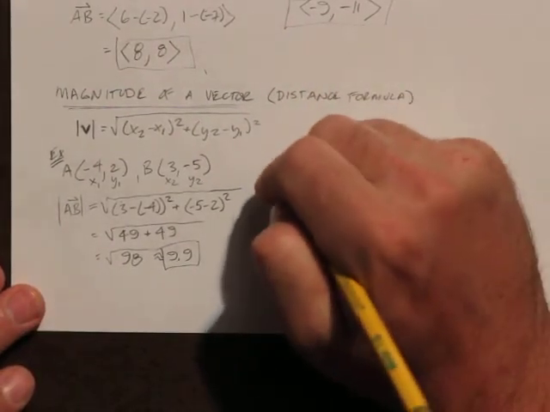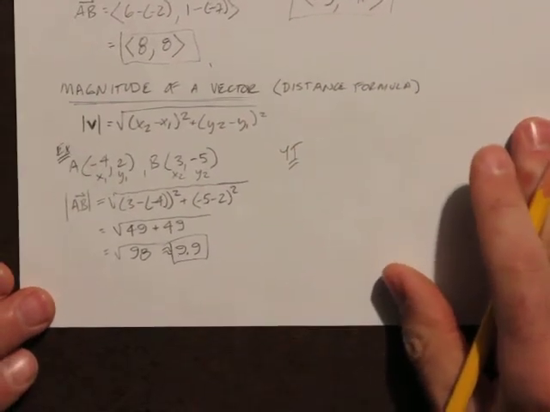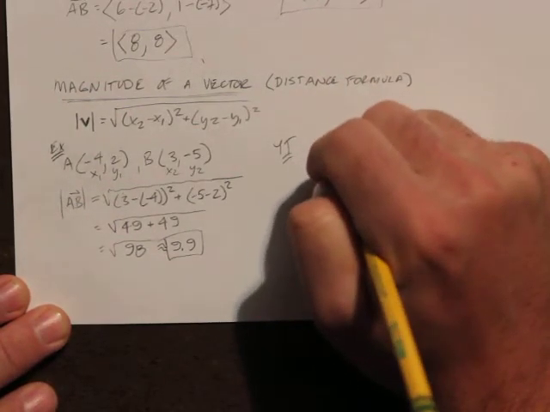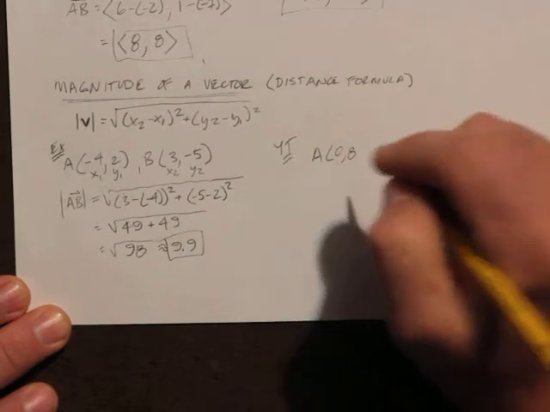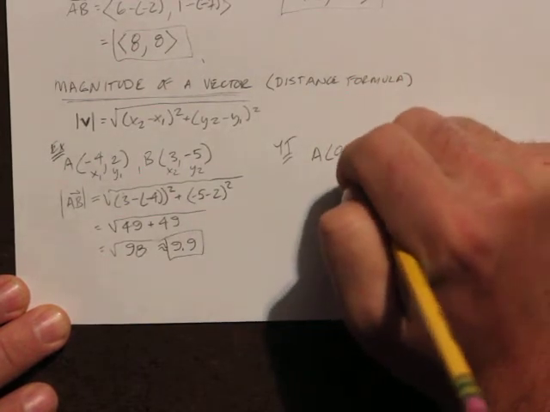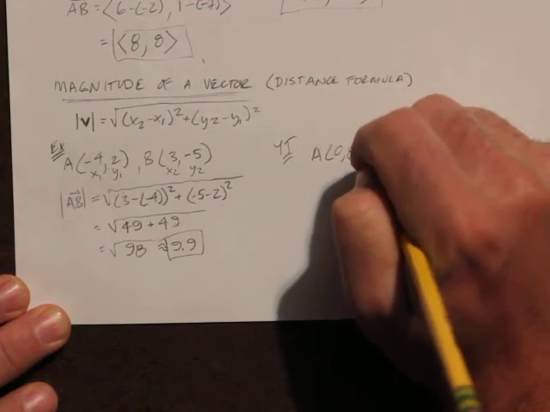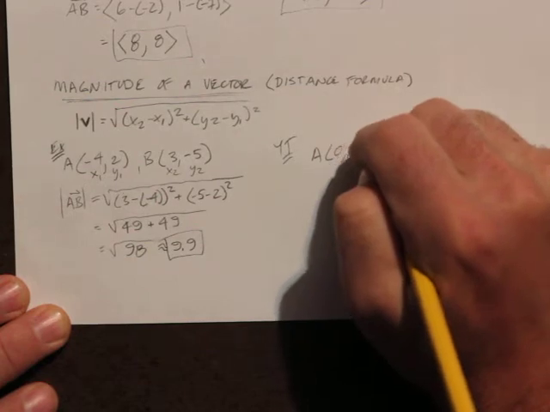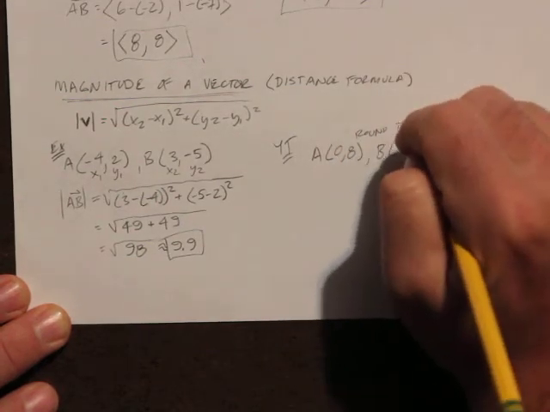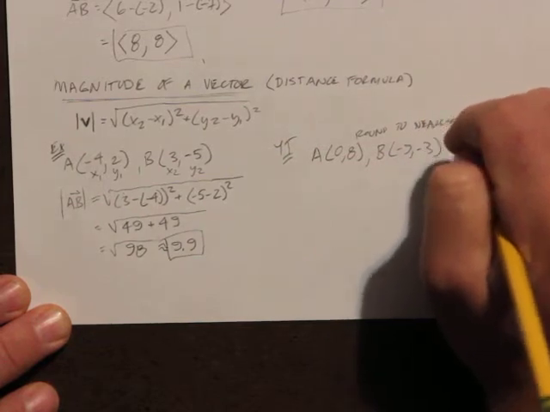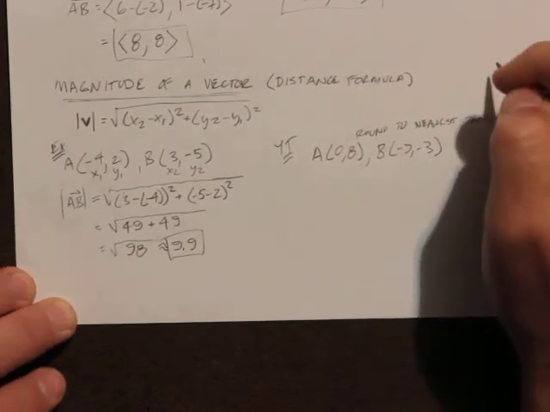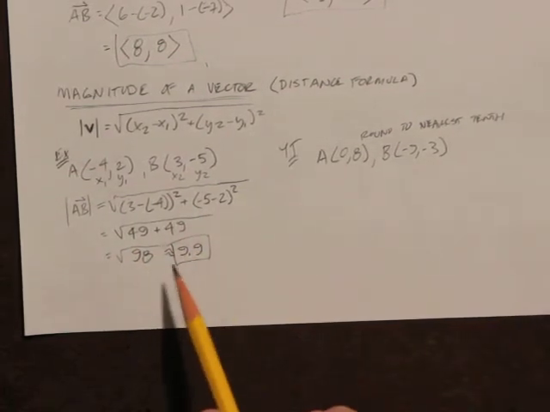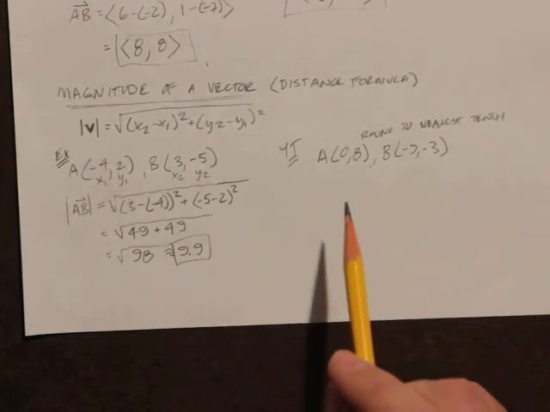So I'm going to give you guys a U-try. Distance formula should be somewhat familiar. Just find the magnitude of vector AB, where A is 0, 8, and B is -9, -3, round to the nearest tenth. Alright, so label these guys, go through the formula, and then do the square root at the end.